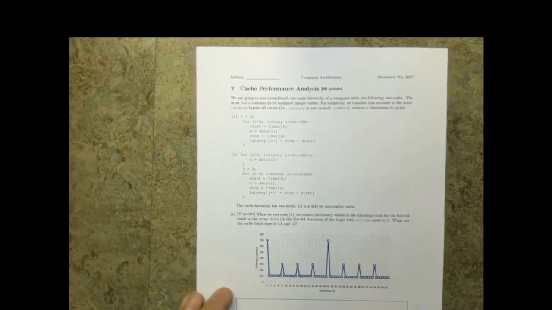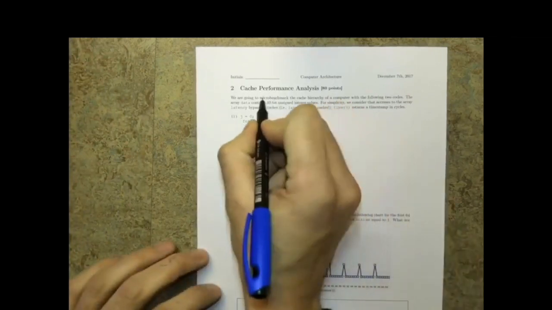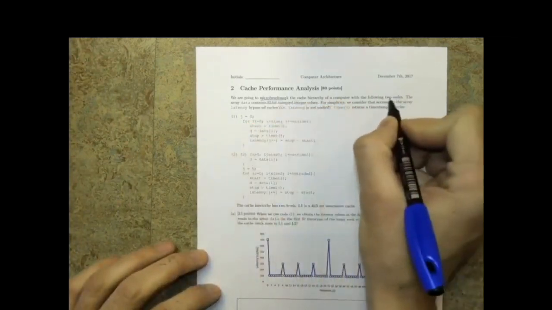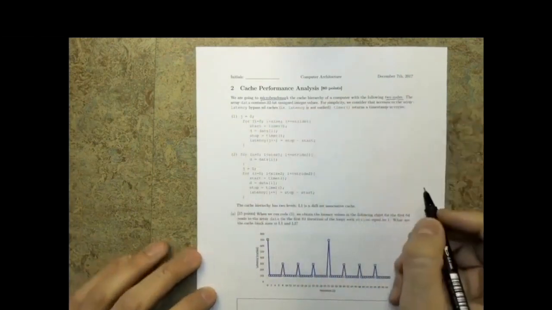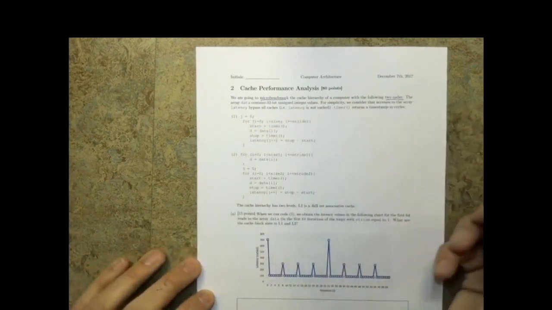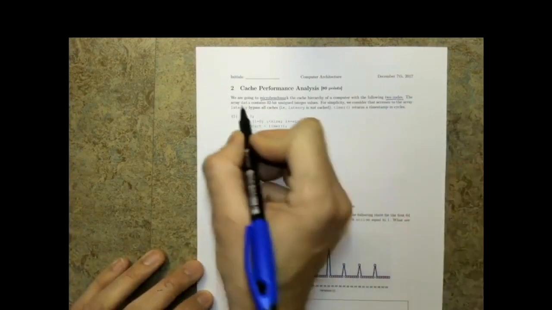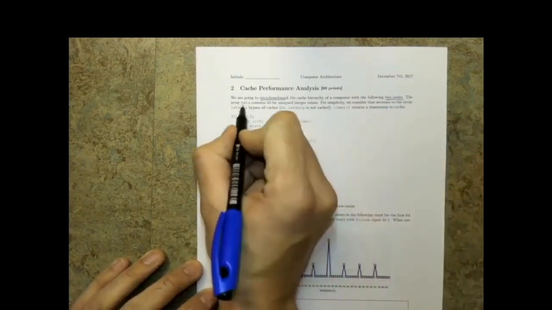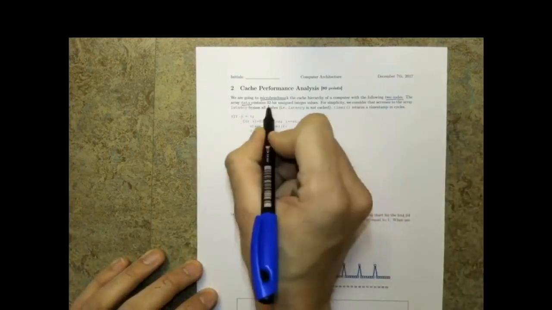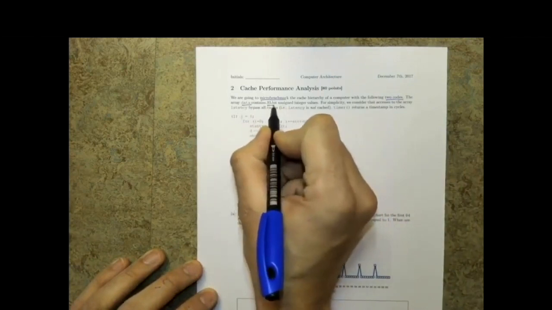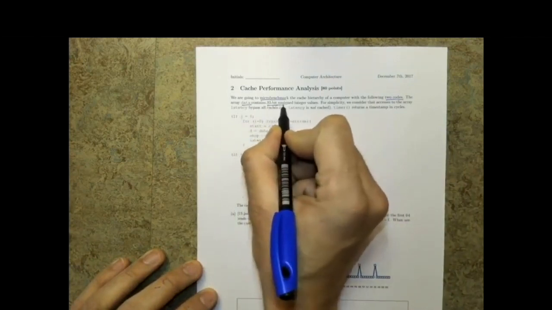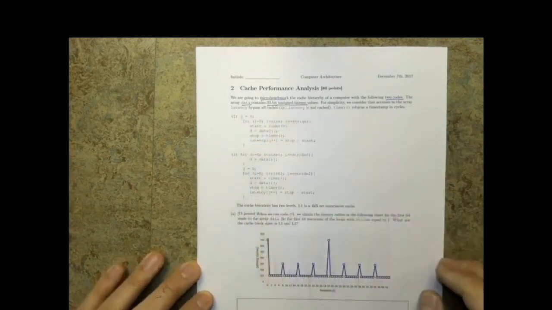So as you can see, for this micro benchmarking, we are given two codes, code 1 and code 2. In these codes we access one array, data, that contains 4-byte elements, so it's 32-bit unsigned integers.